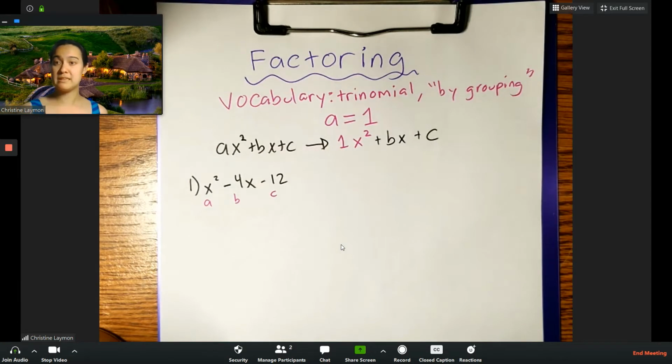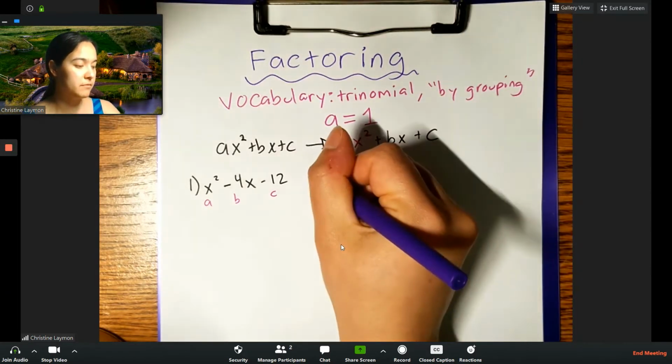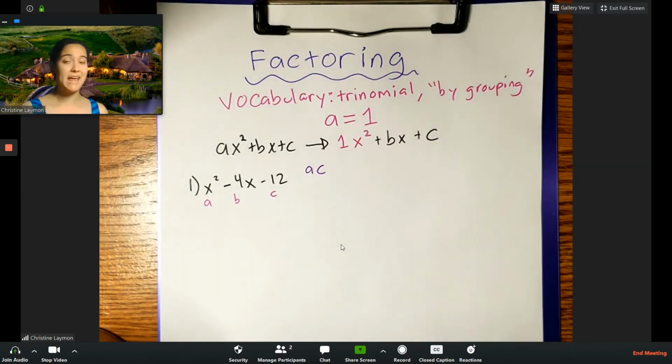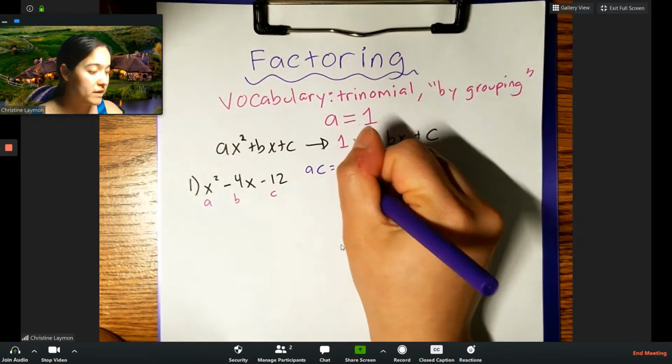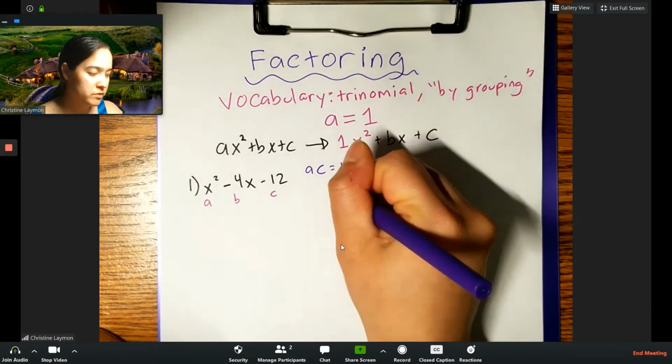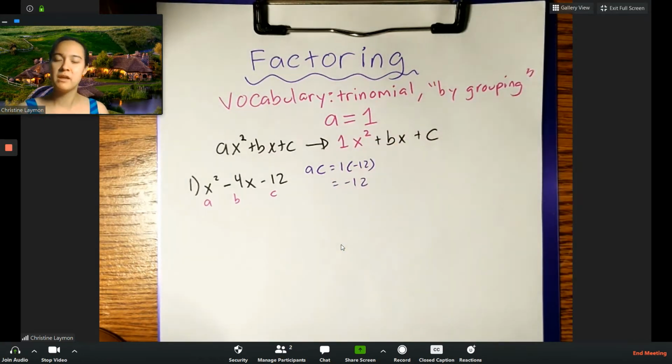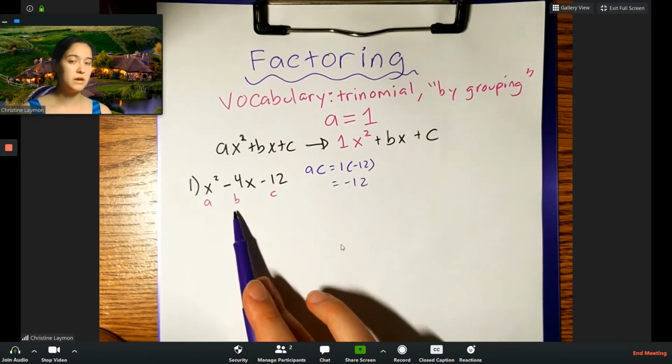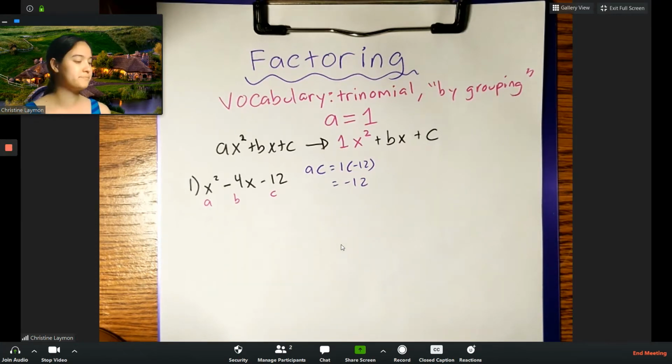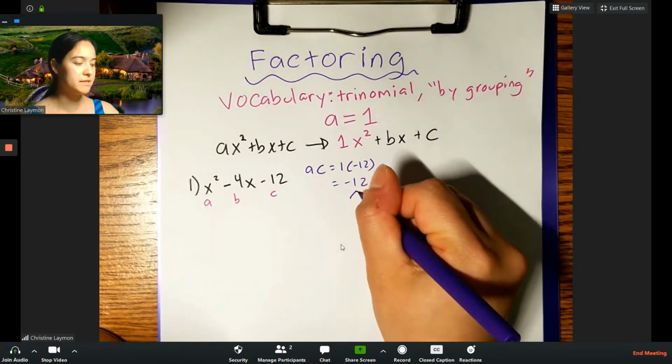Remember that b is the entirety of the negative 4, and c is the entirety of the negative 12. So when we're looking for a times c, remember that a is just 1. So I'm really looking at 1 times negative 12, so negative 12. And I want two numbers that multiply to get me negative 12, but sum to get me negative 4. So let's do our breakdown.